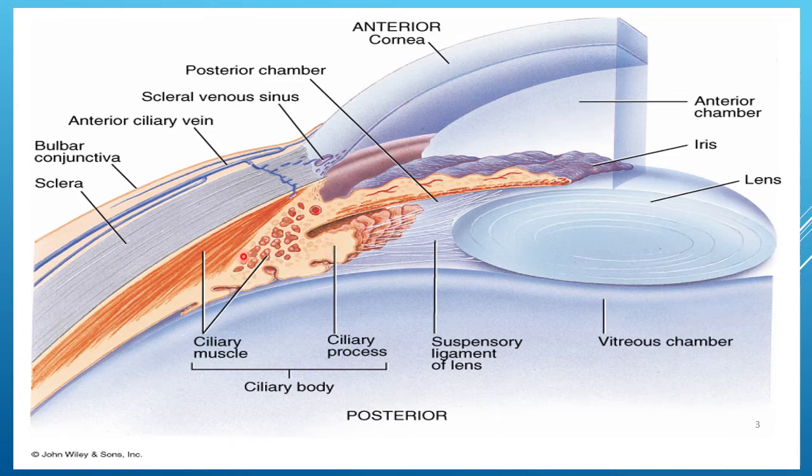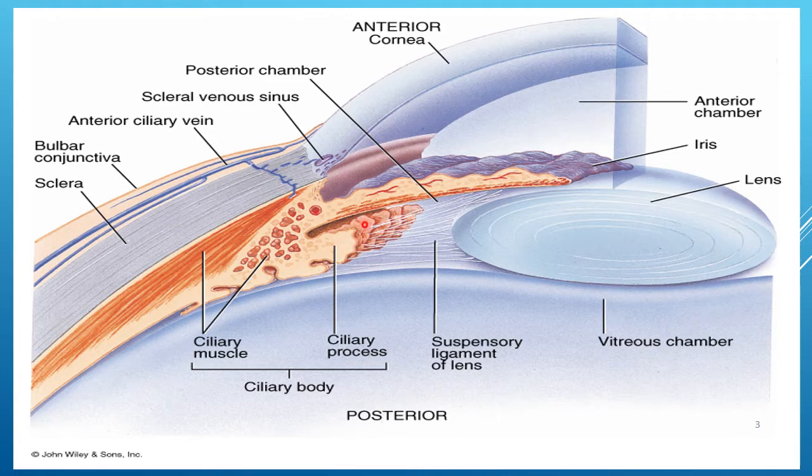Here you can see that a cut section of the ciliary body has a triangular shape. This is its outer border, which is attached to the sclera, and its inner border is towards the vitreous body.